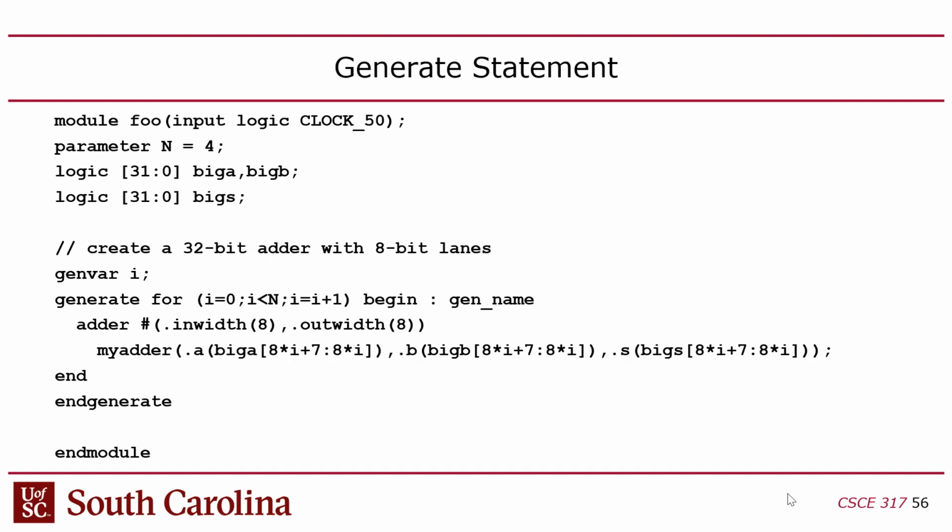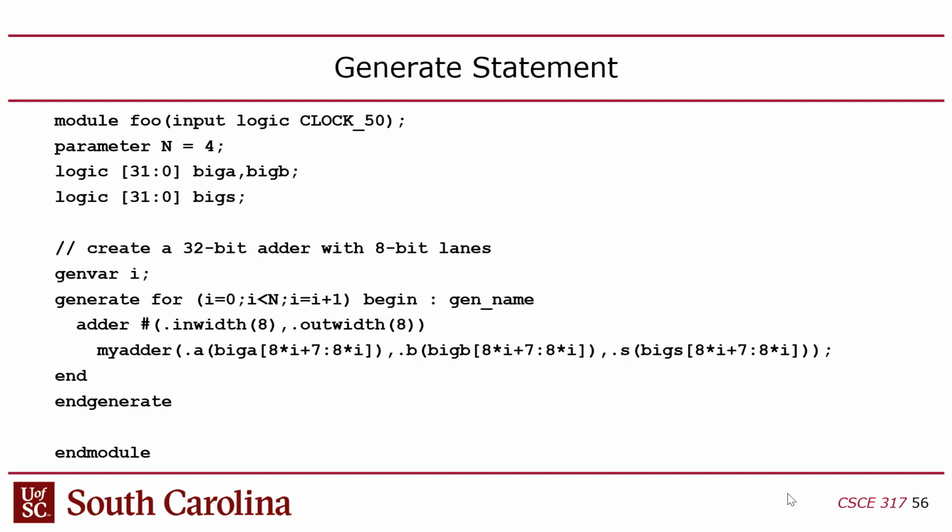But there's kind of a strange syntax here. So you have genvar i, which is the variable you use for the for loop. And then generate for i equals 0, i less than n. Now n has to be a constant, and in this case it's a parameter, but you could just type the constant in there.